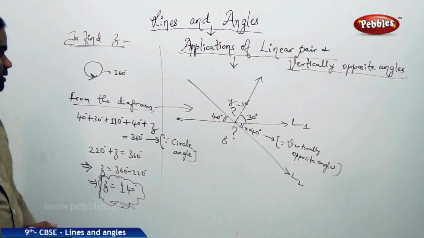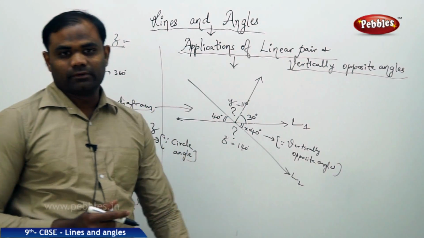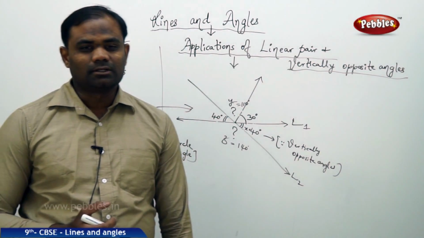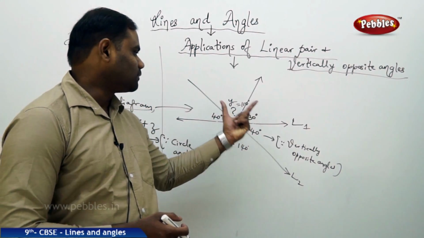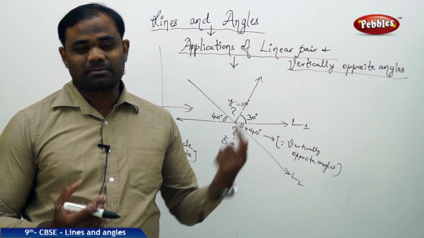So my angle z is equal to 140 degrees. Using the circle angle, I can find each of the angles, angle x, angle y and angle z, with their own respective approach.